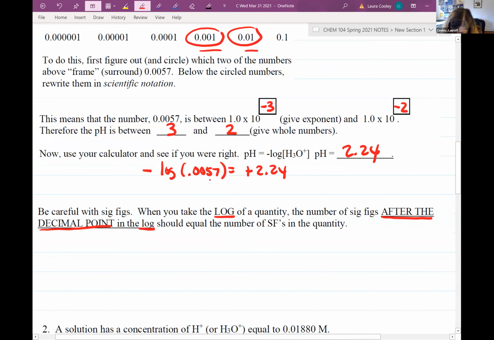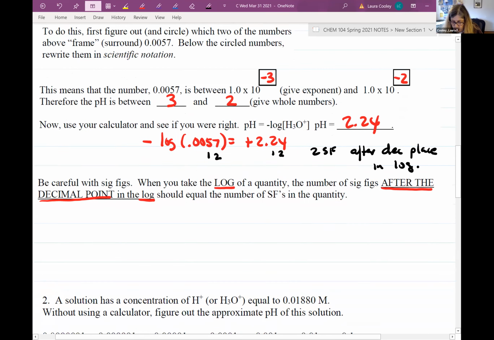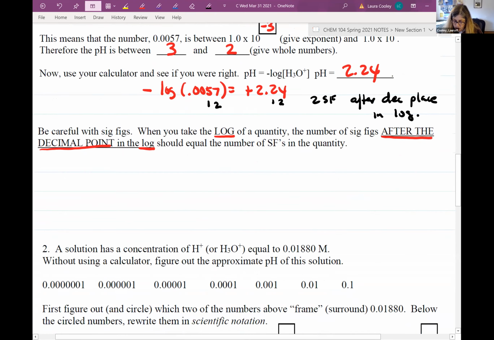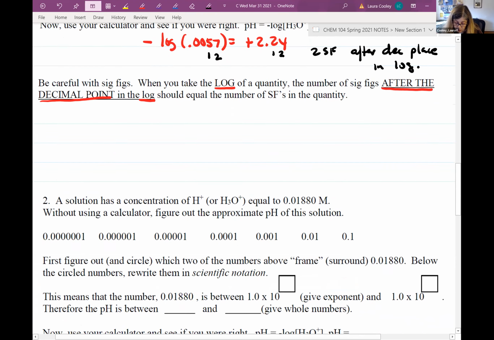We had 0.0057. We had 2 sig figs in the number. We keep 2 sig figs after the decimal place in the log, so in the pH. And that's a somewhat different sig fig rule that we use. And I'll go over it again with these next examples.